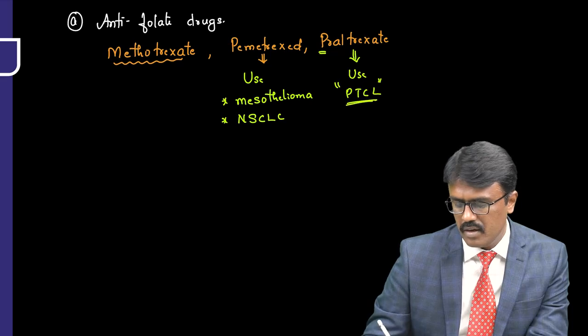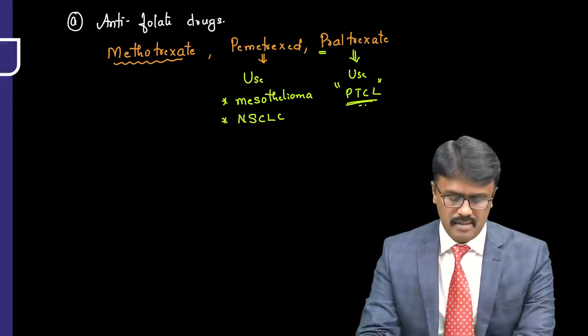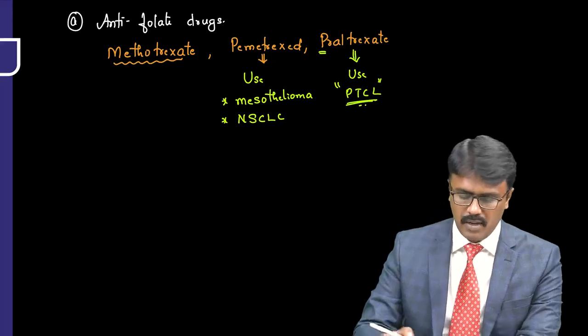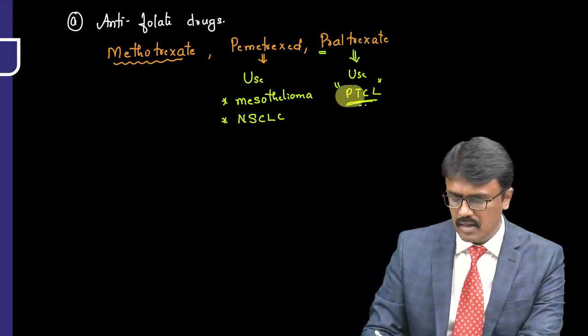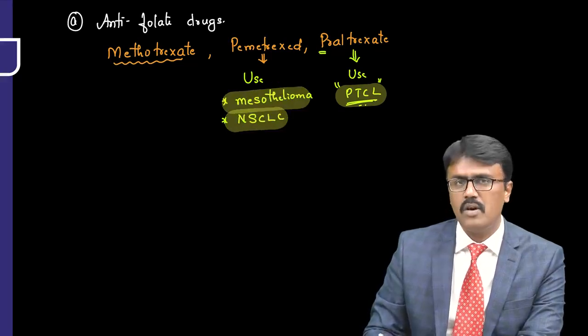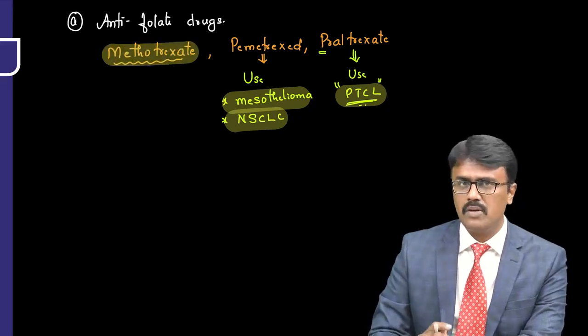The three drugs in antifolates are methotrexate, pemetrexed and pralatrexate. Pralatrexate is used in peripheral T-cell lymphoma. Pemetrexed is used in mesothelioma and non-small cell lung cancer. But the major drug you should understand is methotrexate.